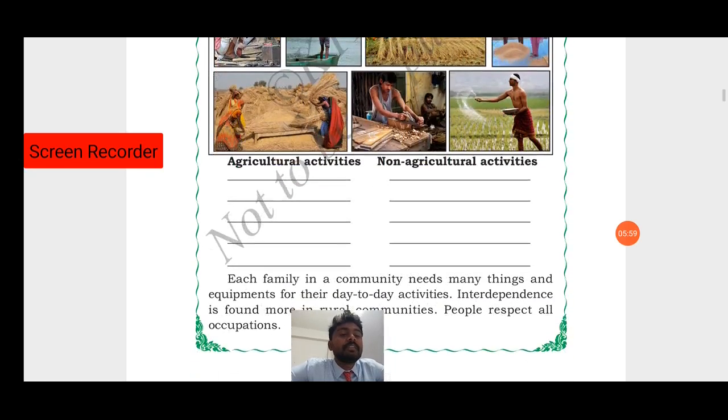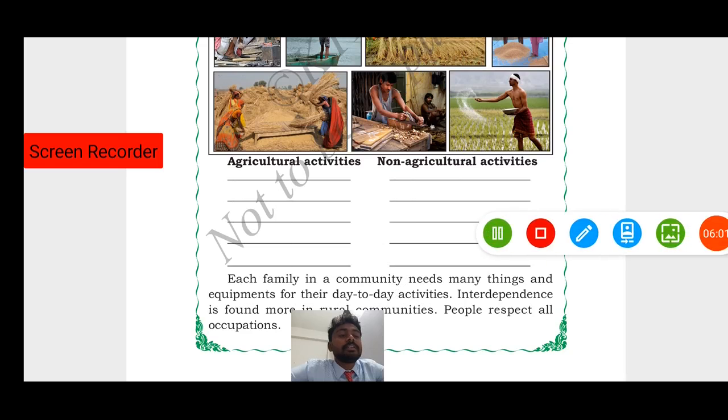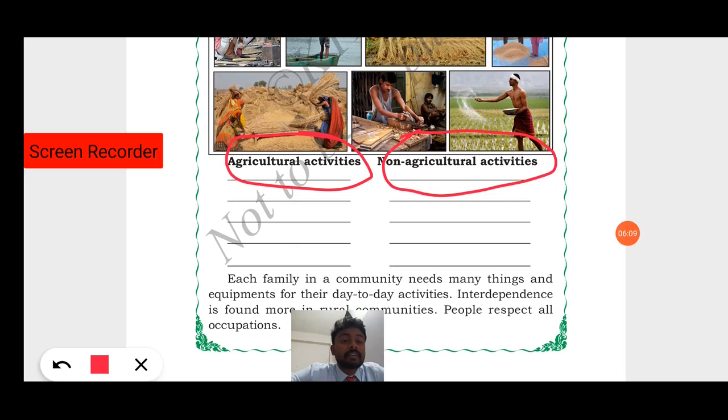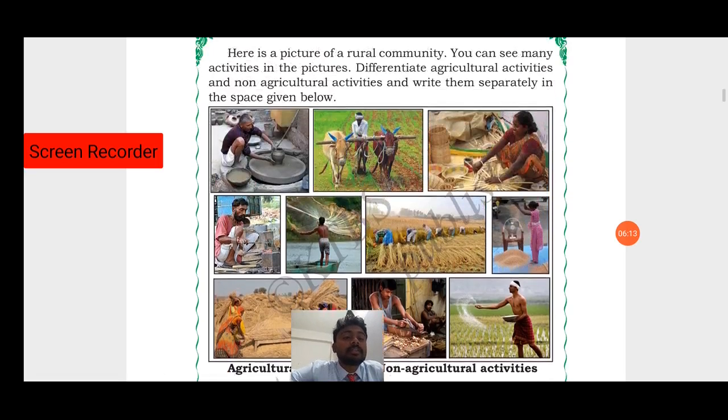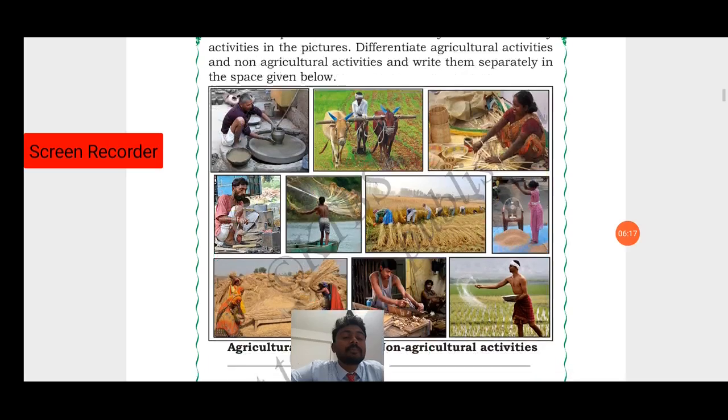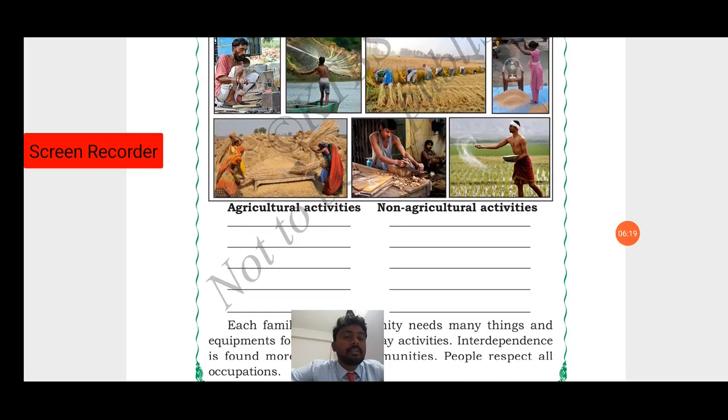The space is given below. So, non-agriculture activities and agriculture activities. You only separate these and write them separately in the space already given.